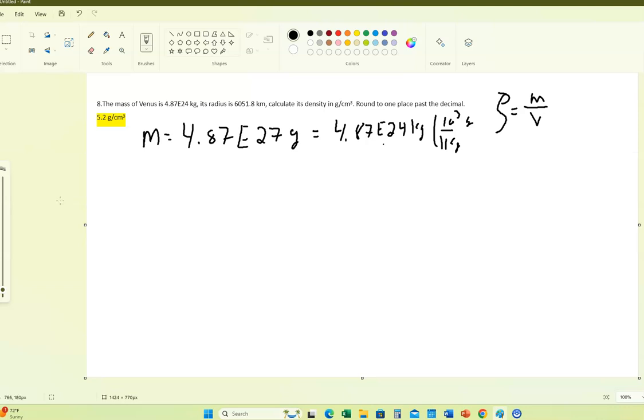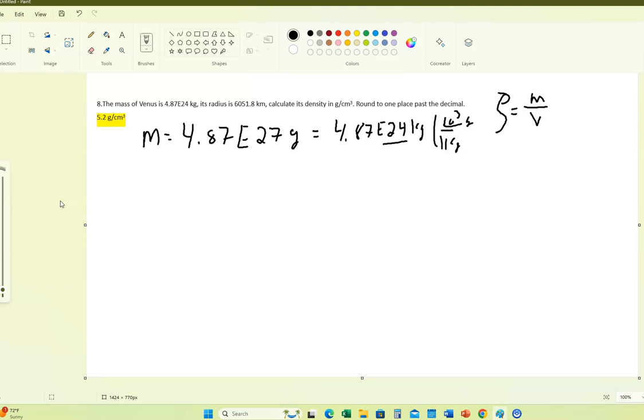So 10 to the 24th multiplied by 10 to the 3rd, you just add the exponents, right? That's all you're doing. So we're going to do that, and we'll do that in our calculator in just a second.